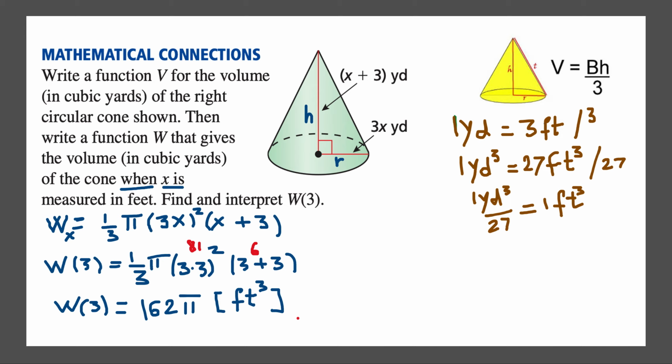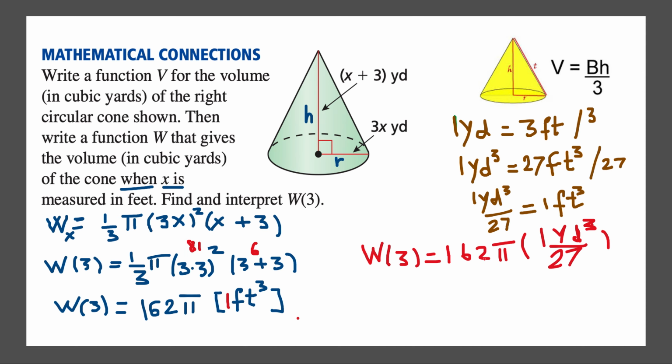So w of 3 is equal to 162 pi, and instead of 1 feet cubic I plug in 1 yard cubic divided by 27.